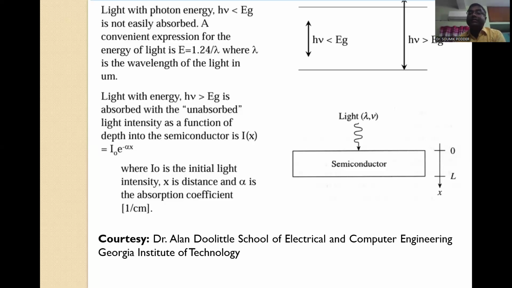Why have I written this expression? Because I0 is the incident photon intensity at the 0 point, at the surface of the semiconductor.